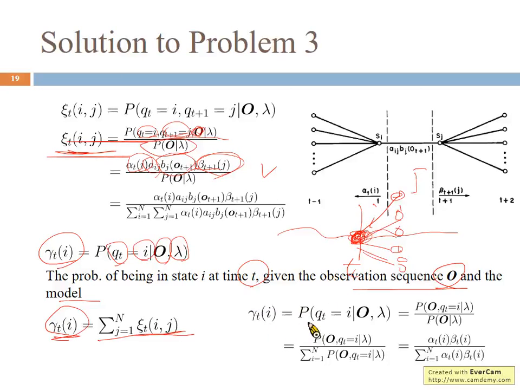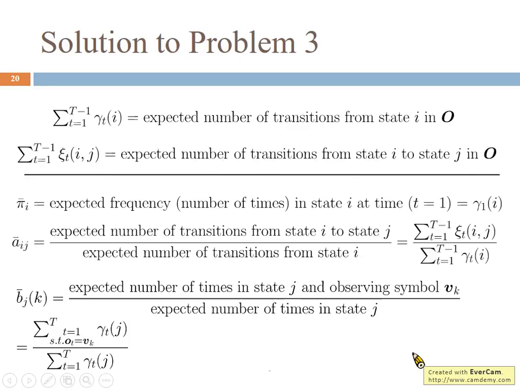And we can also calculate gamma_t(i) as the probability of O and q_t equal to i given lambda. So we can calculate it by alpha_t(i) multiplied by beta_t(i) divided by the total likelihood probability.